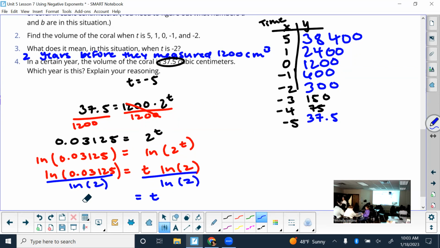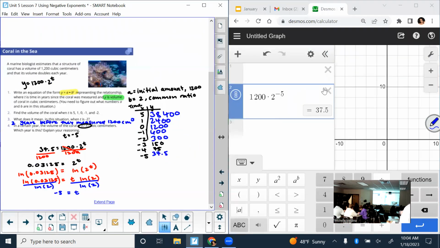So that's a way that you probably don't know how to do, and we don't expect you to know how to do. But there is a way without having to guess, is what I'm trying to tell you. All right, but in your calculator, you have a natural log button. It's ln.